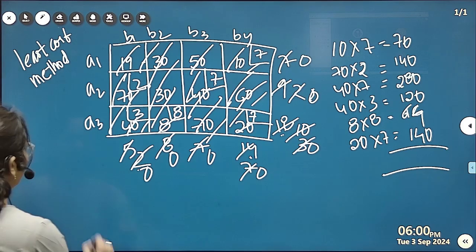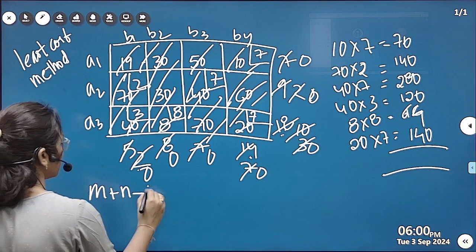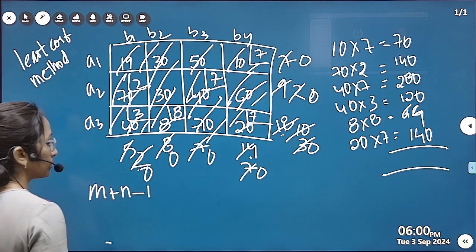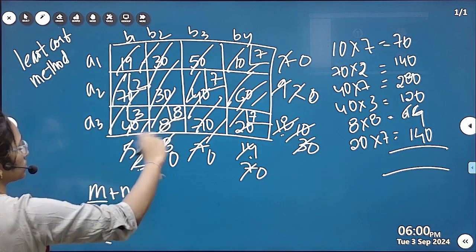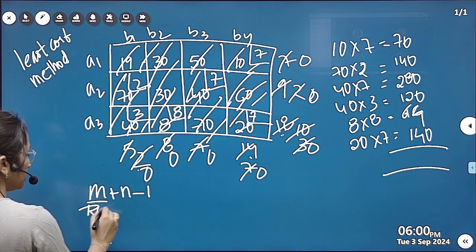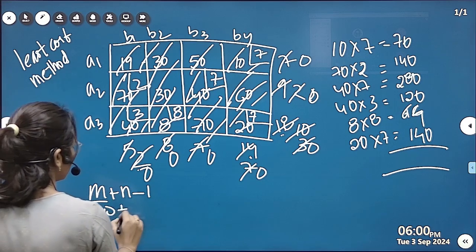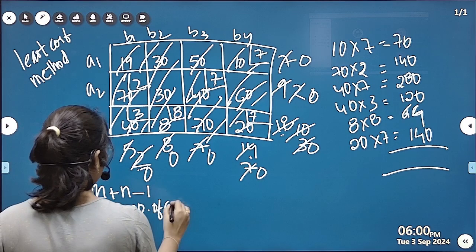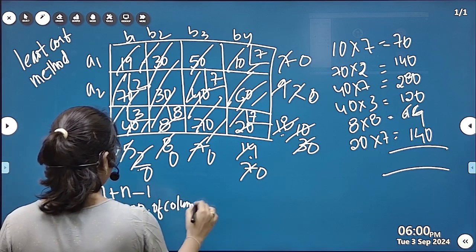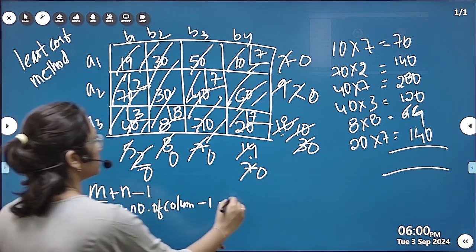So here write one formula: m plus n minus 1. M is equal to number of rows, plus number of columns, minus 1 is equal to the number of cells we have got.